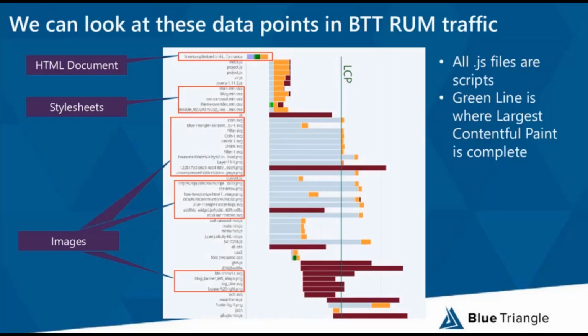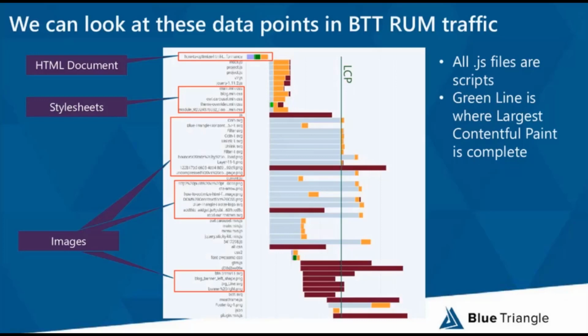And then finally, element render delay. Basically, once the LCP image is loaded, how long does it take to get to that else? How long does it take for the JavaScript to actually display it on the page? So we're just going to go through those categories today, and then at the end of this, we'll have some Q&A. We'll start off with first byte.